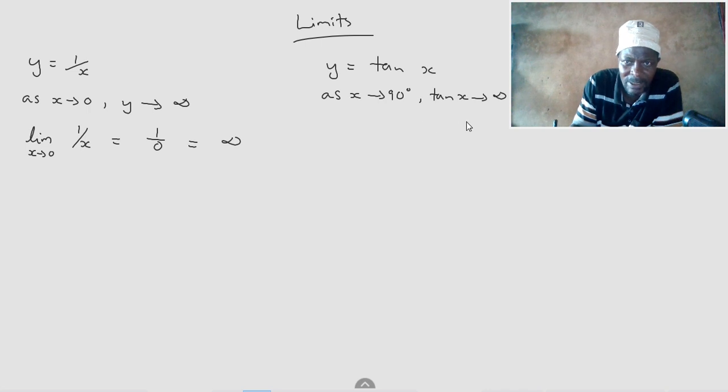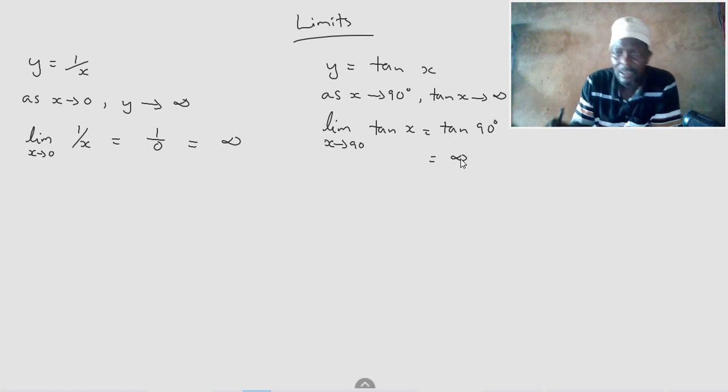So what does it mean? The limit as x tends to 90 of the tan of x simply means the tan of 90, and that will be undefined.